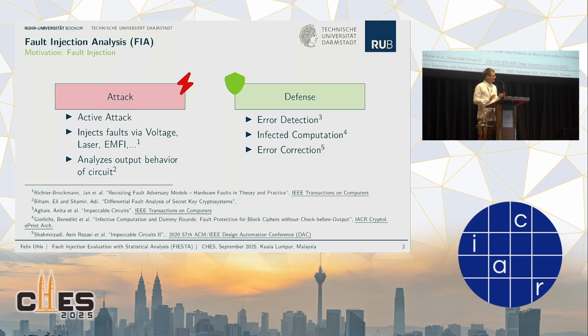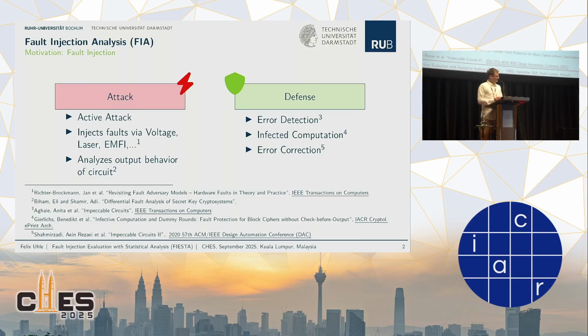Fault injection analysis requires the adversary to actively inject faults. He can do this by voltage glitching, laser fault injection, or, for example, electromagnetic fields. Then the adversary analyzes the changed output behavior of the circuit, or maybe the unchanged output behavior, and tries to learn something about the secrets.